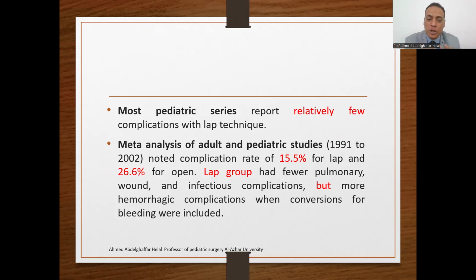Most pediatric series report relatively few complications with the laparoscopic approach. And there is a meta-analysis of the adult and pediatric studies which noted a complication rate of about 15.5% for the laparoscopy and 26.6% for the open. They documented in this meta-analysis that the laparoscopic group had fewer pulmonary and wound infectious complications, but more hemorrhagic complications when the conversions for bleeding were included.